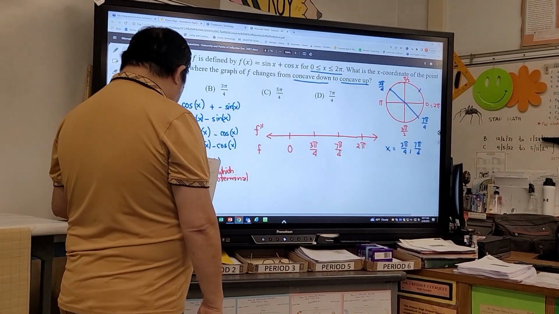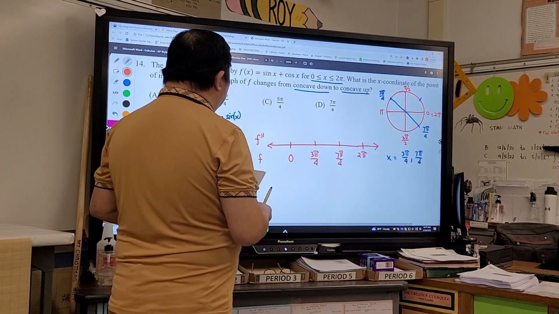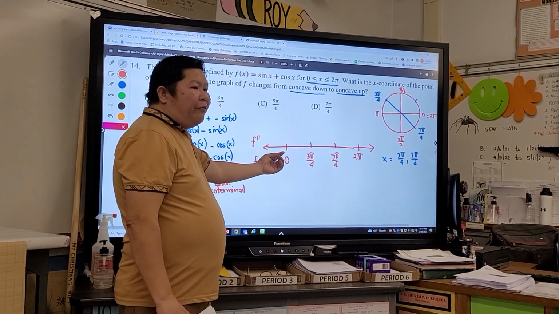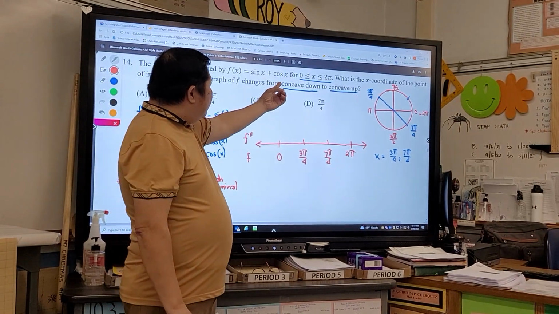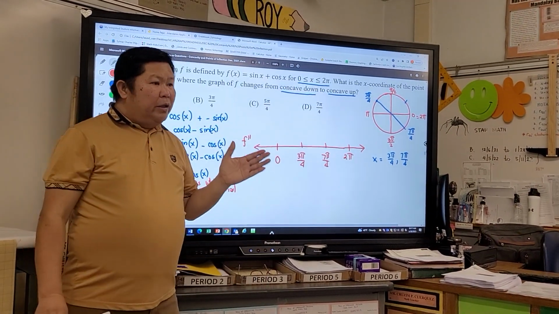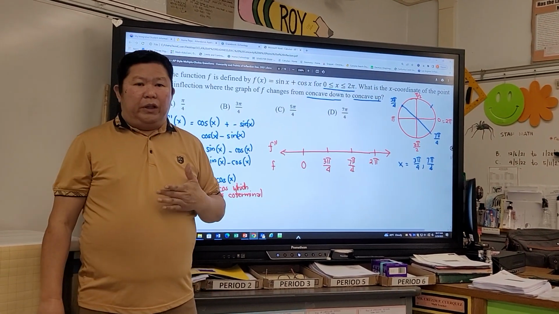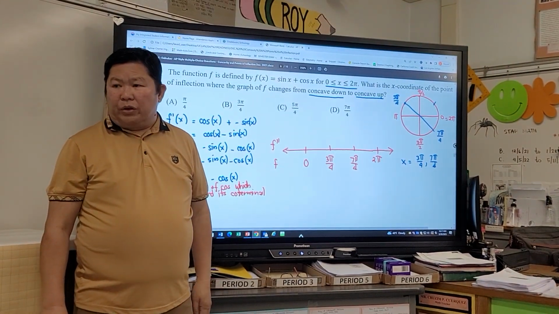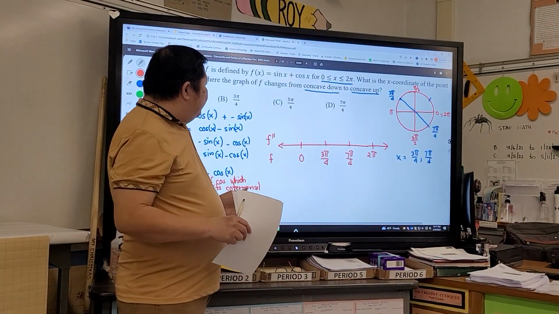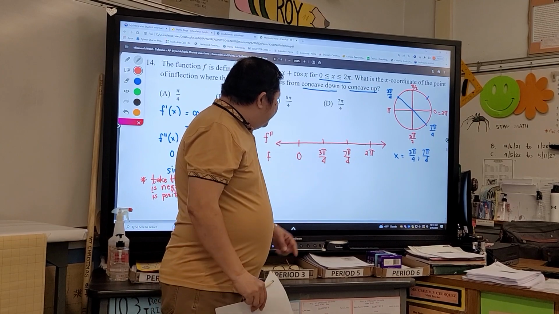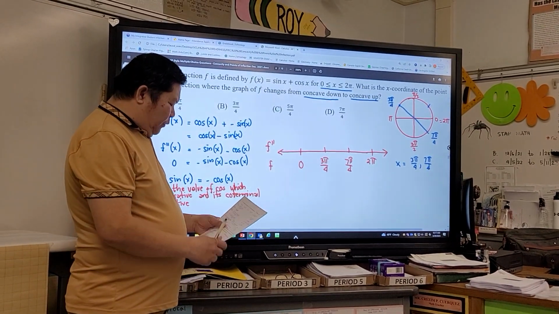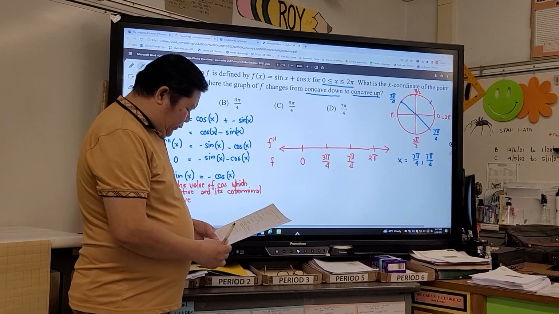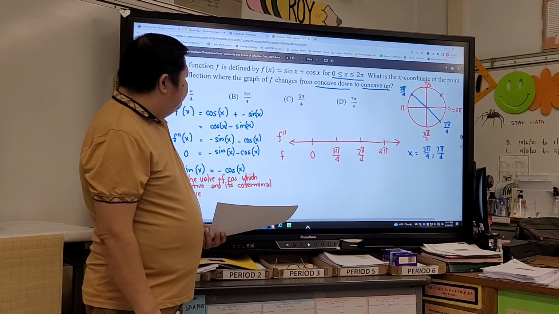So let's take a look between 0. We don't have to take the left of 0, because it says right here the interval is from 0 to 2 pi. So we focus on between 0 and 3 pi over 4.